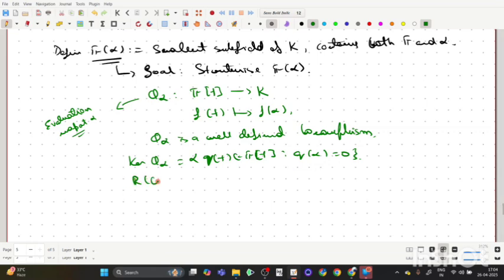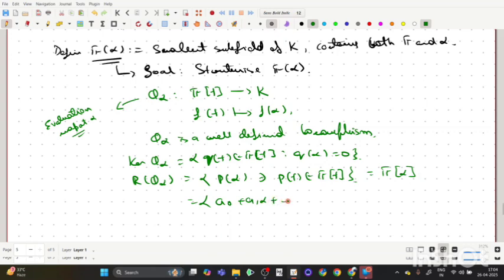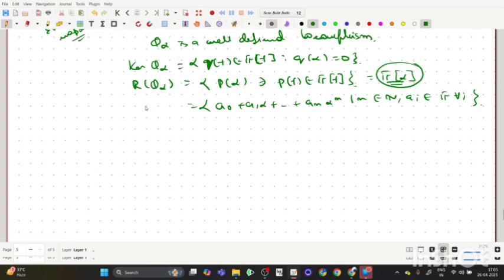What is the range of phi alpha? The range of phi alpha is p(alpha) such that p(t) is a polynomial in F[t]. Let me denote it as F[alpha]. This is basically the collection of elements of the form a0 plus a1 alpha, and so on till an alpha to the power n, such that n is a natural number and each ai comes from F. In other words, this is the collection of all the values we get on evaluating each of the polynomials over F at alpha.